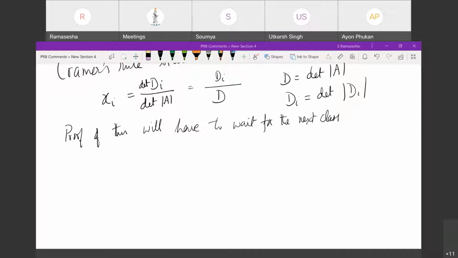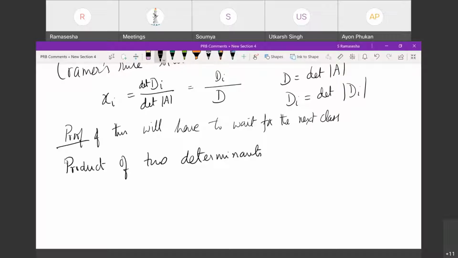Okay. So one of the things that I brushed aside was the proof that the product of two determinants is a determinant.